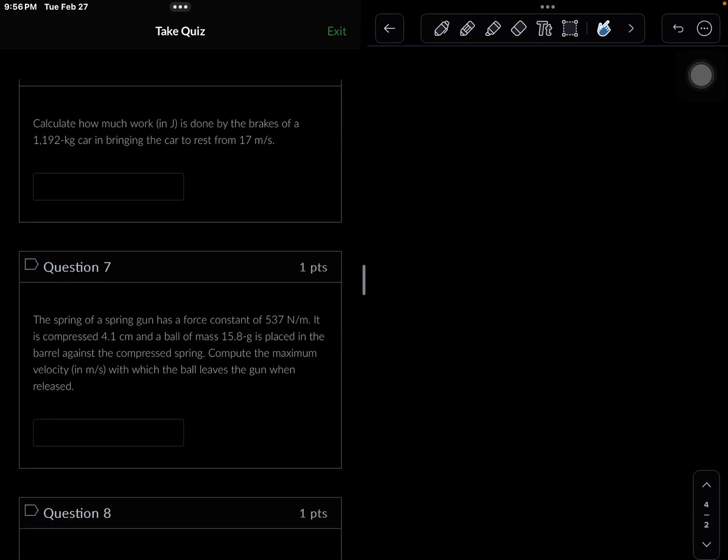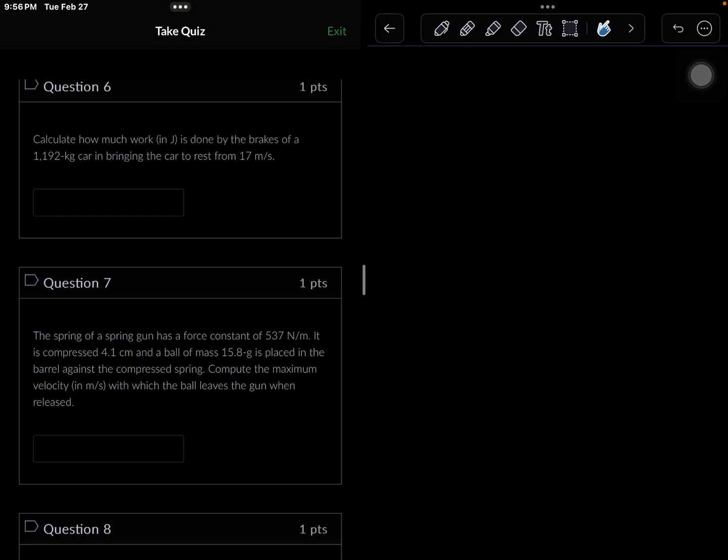Question number 6. Calculate how much work is done by the brakes of a certain kilogram car coming to rest from 17 meters per second. You may say, well, I have the velocity and the mass. Now, how would I find the force times the distance?